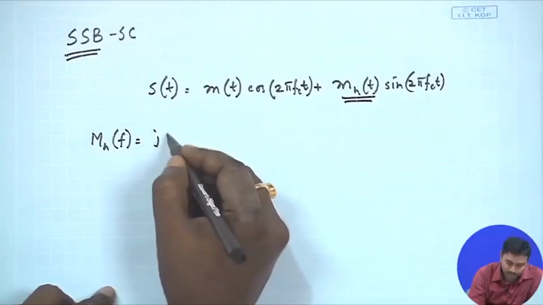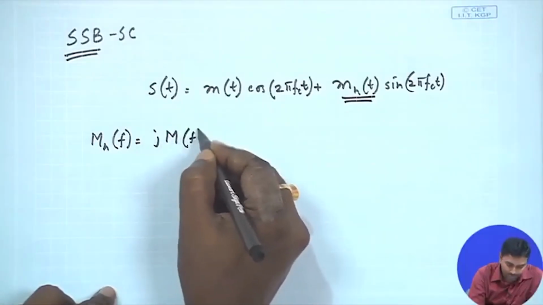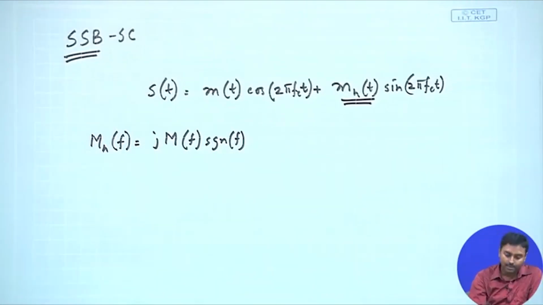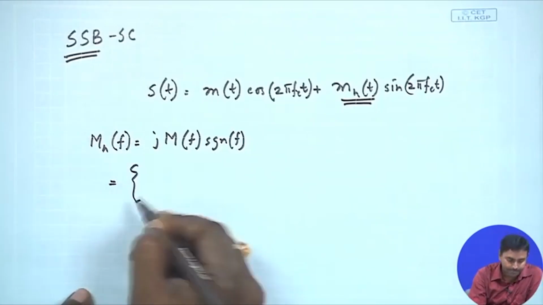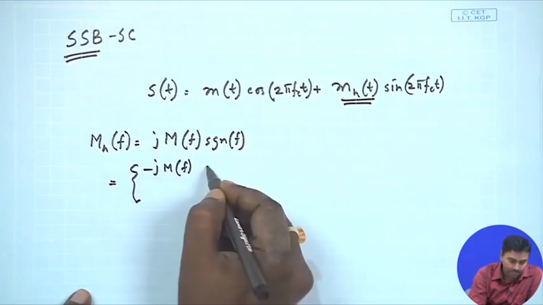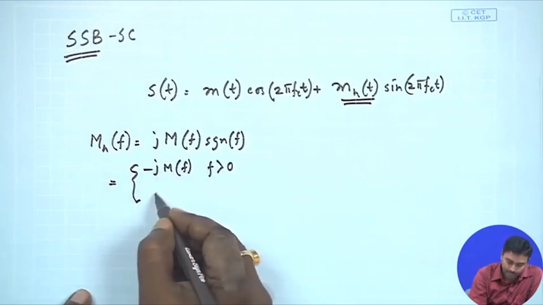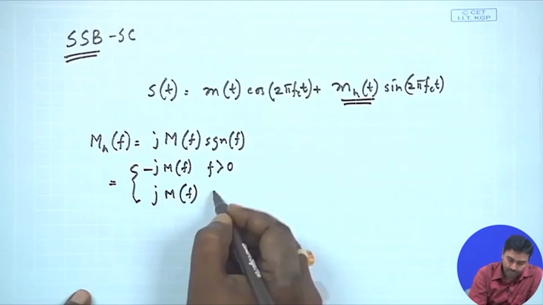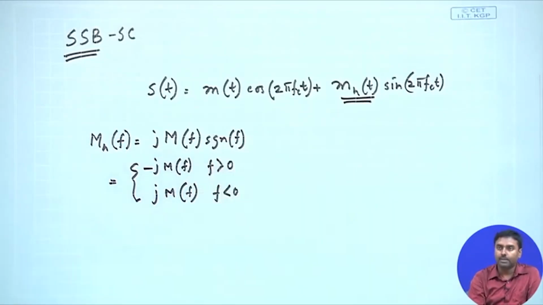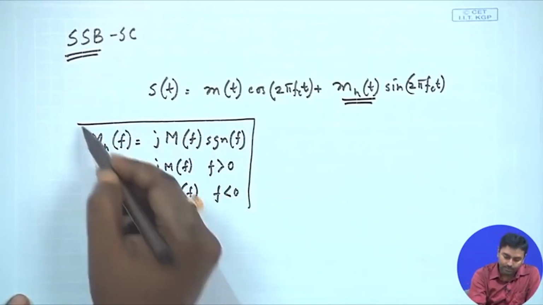So, that is M_h(f), which we already know should be j M(f) signum f. This is something we have already defined, which is nothing but plus or minus j M(f) if f is greater than 0, or plus j M(f) if f is less than 0, right. One of them you can make equal. Okay. So, this is something we already know.